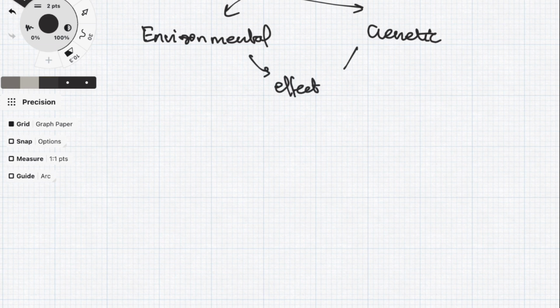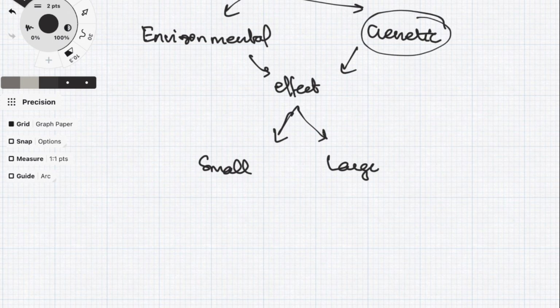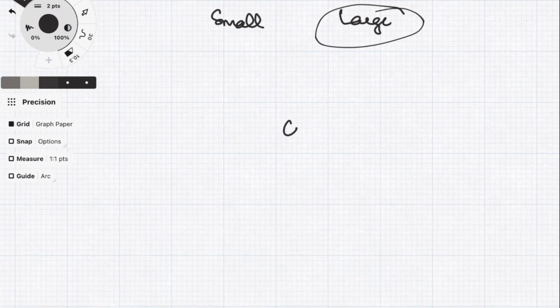It can be either a small effect or a large effect. Now if the genetic component has a larger effect, then we generally call them genetic diseases.